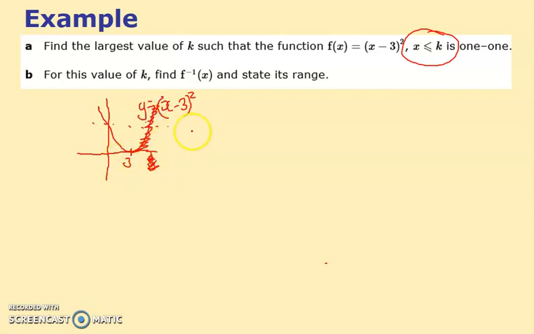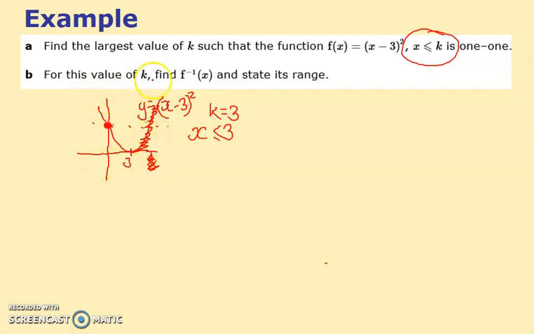And for that reason, I reckon that if x is less than or equal to 3, i.e. k is 3, then this suddenly is one-to-one, because by getting rid of the right-hand side of this graph, I've only got the left-hand side, and now I can't draw a horizontal line. It only now hits here because I've got rid of this side. So that's what I mean when I say a horizontal line. If I can draw a line that goes sideways and it hits in more than one place, that's not going to give me an inverse.